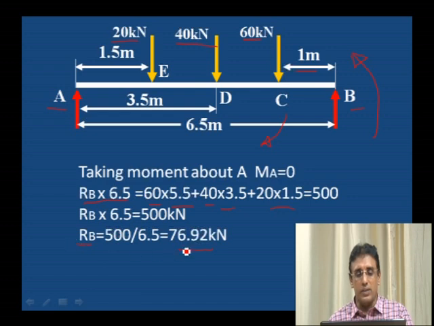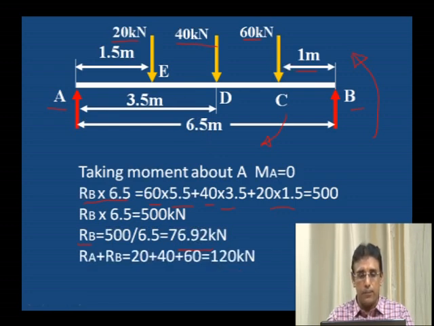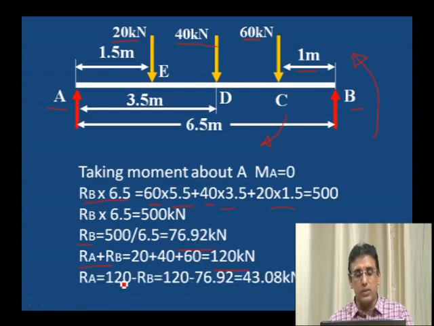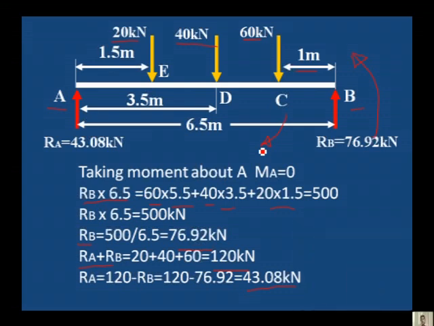RB already we have, 76.92. Therefore RA is equal to 120 minus 76.92. Therefore 43.08 kilonewton is the reaction at A. Reaction at A is equal to 43.08. Reaction at B is equal to 76.92.